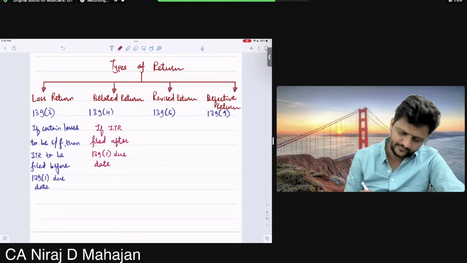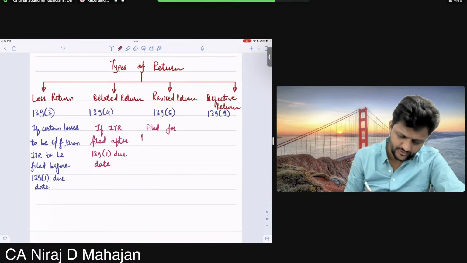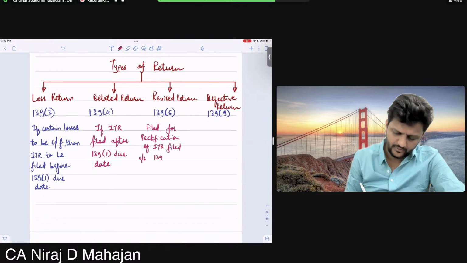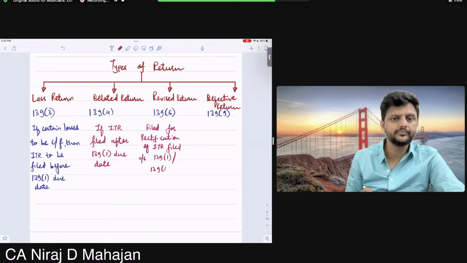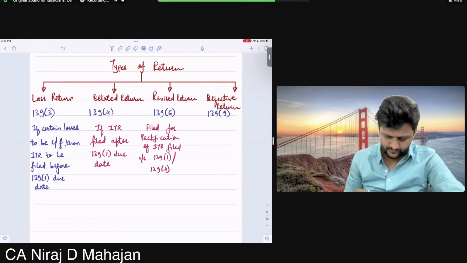Revised, filed for rectification of ITR filed under section 139.1 or 139.4. Right, everybody? Okay till here?